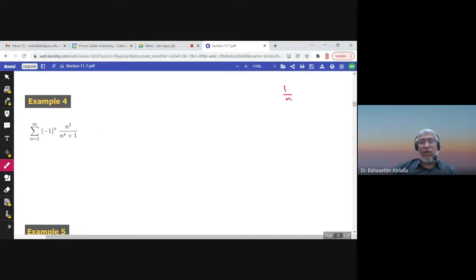And 1 over n is the harmonic series, divergent. So actually, this means that the summation of n cube over n to the power 4 plus 1 is divergent, by limit comparison test.